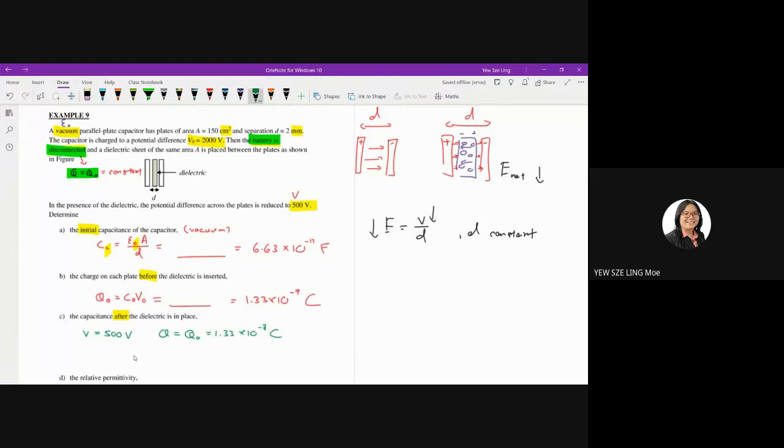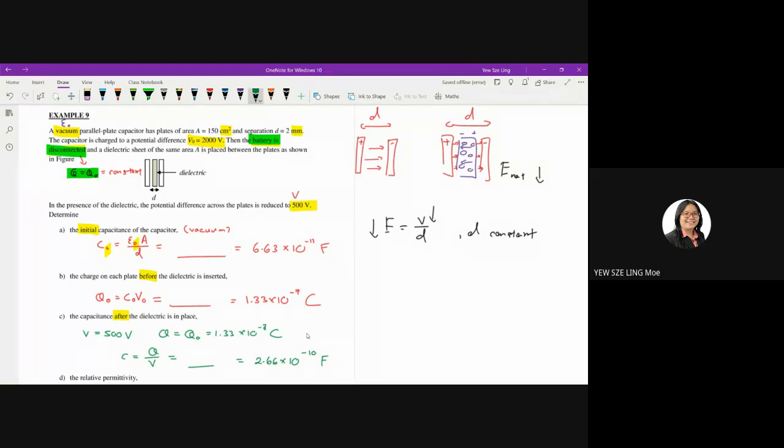So from here we can calculate C. Because you don't have the permittivity of the dielectric, you have to use final V and final Q. So C equals Q over V. Plug in the values and I should obtain a final capacitance of 2.66 times 10 to the power of -10 farad.